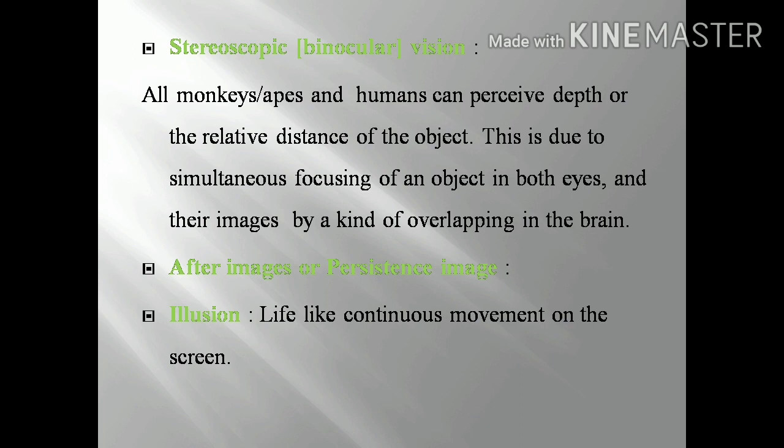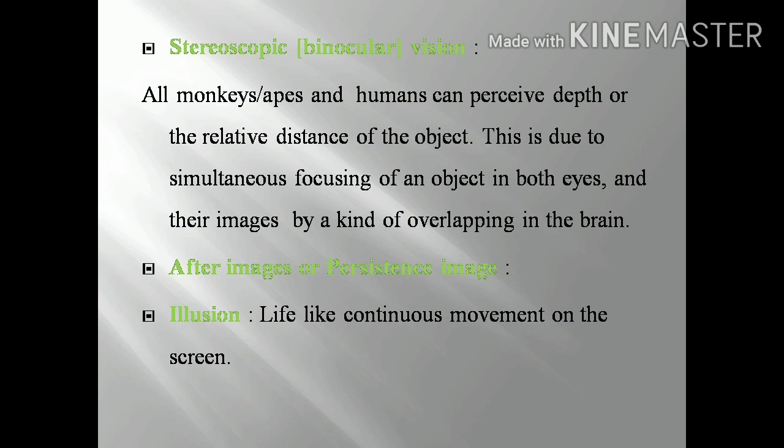Next, after image, also called persistence image. If one looks at a bright object for a moment and then closes the eyes, the sensation of light persists for a short period. In the same way, if one looks at a brightly colored object and then looks at a dark surface, an image of the object in the same color will persist.